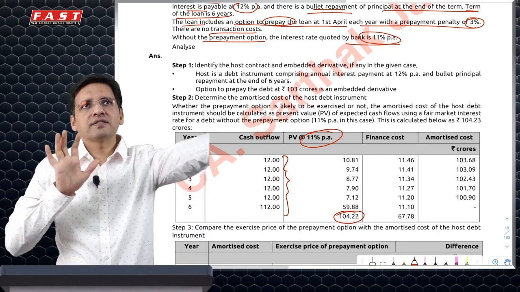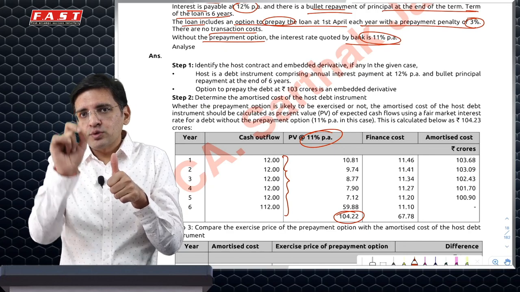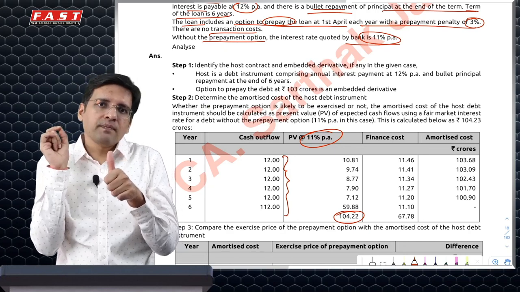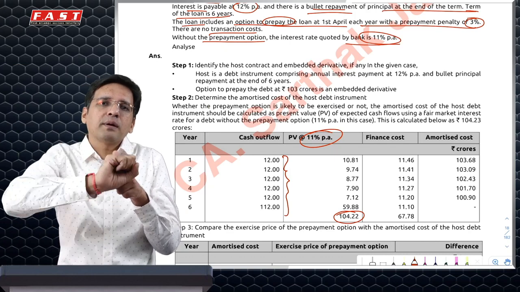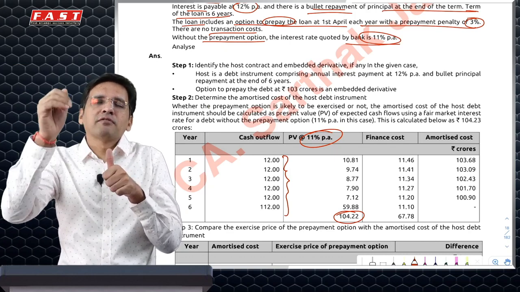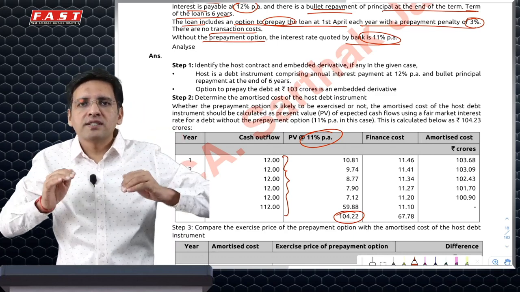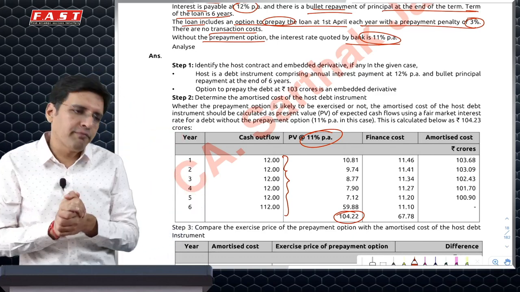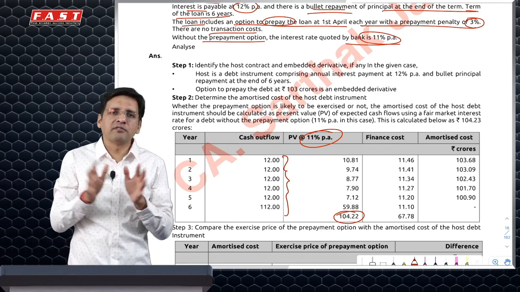Fundamentally, what we are doing is: I am paying 12, 12, 12 for 6 years. If I had paid this to any person and said, don't give me a prepayment option, then he would have given me an 11% loan. So with the same cash flows, I would have got more money. I've got less because of that option of prepayment. Hence, the difference here is the fair value of the option, or the premium which I paid for the option.